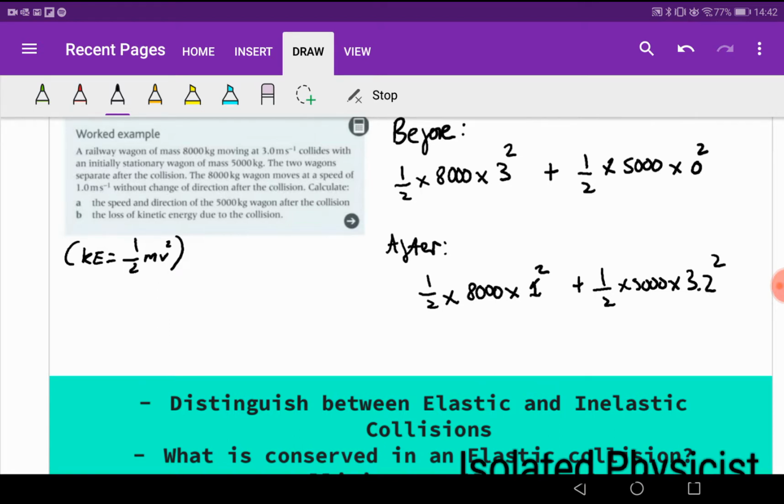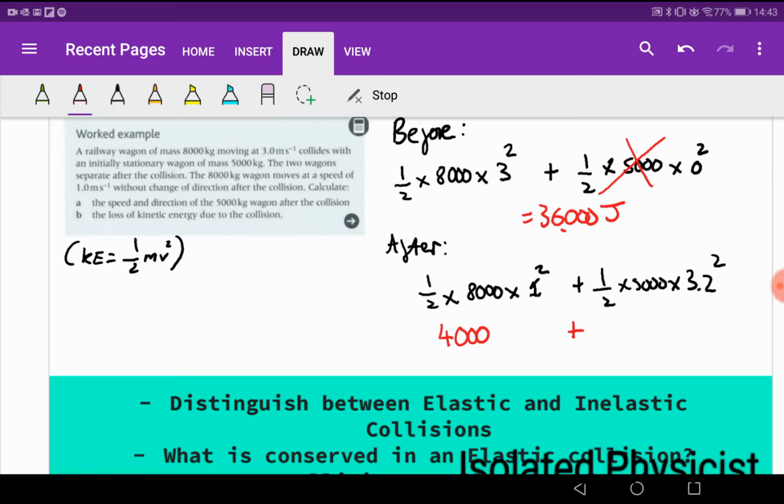So if I just go ahead and work out the top one, 0.5 times 8,000 times 9, that's 36,000, because the other one's 0. Obviously that's joules. And 0.5 times 8,000 times 1 squared is 4,000 for this one.